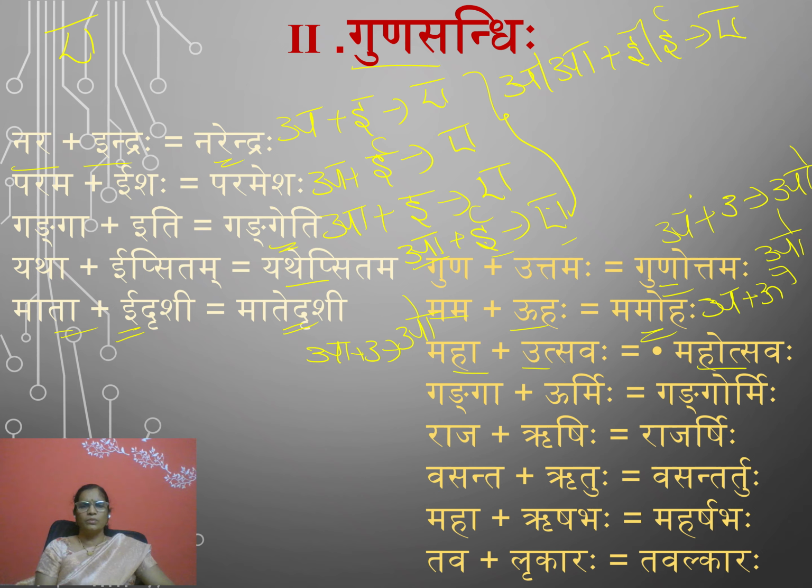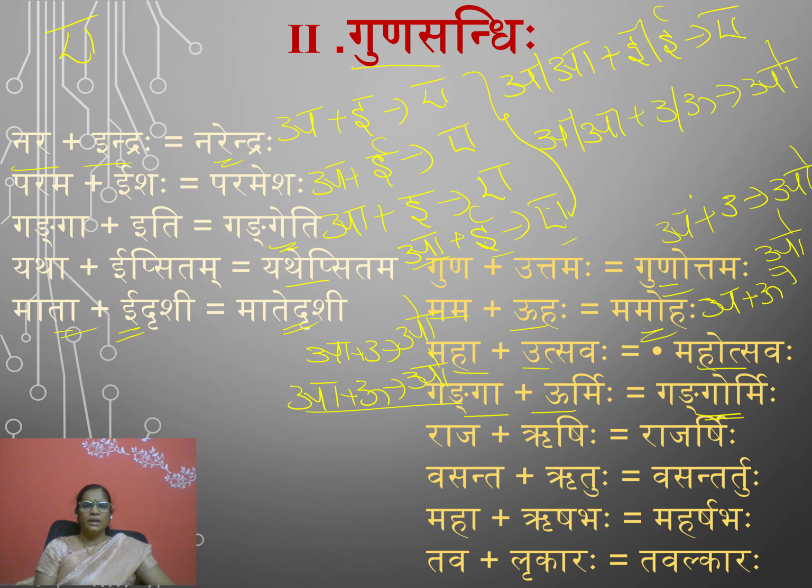Here also we got O. Ganga, A plus Urmihi, U. Then we are getting O. Here also we got O. That means by observing these four, the first word should end with A, and if the second word starts with U or Uu, then we are getting O.